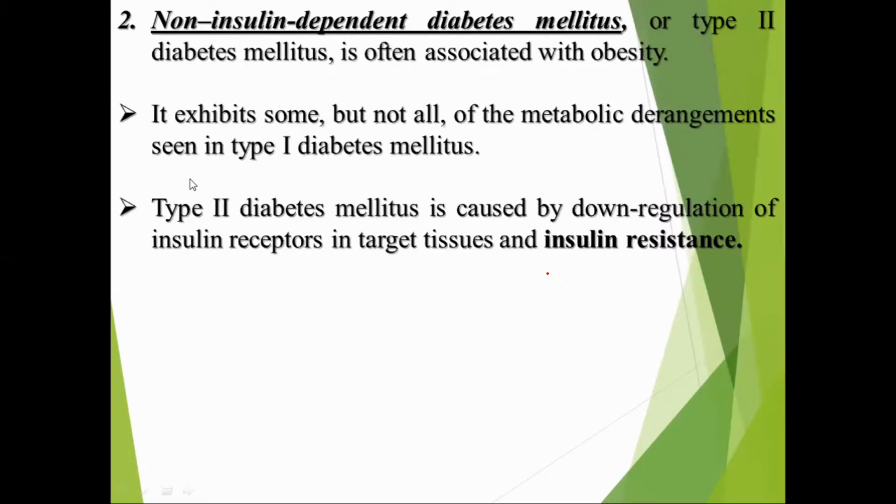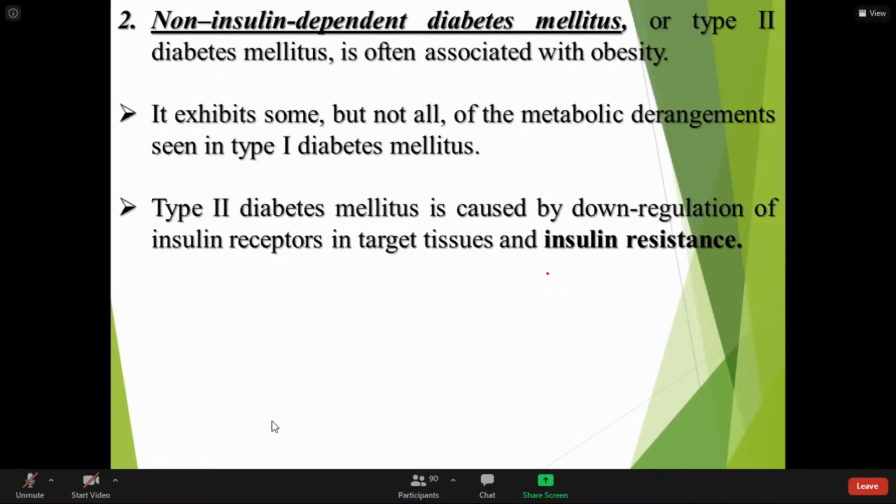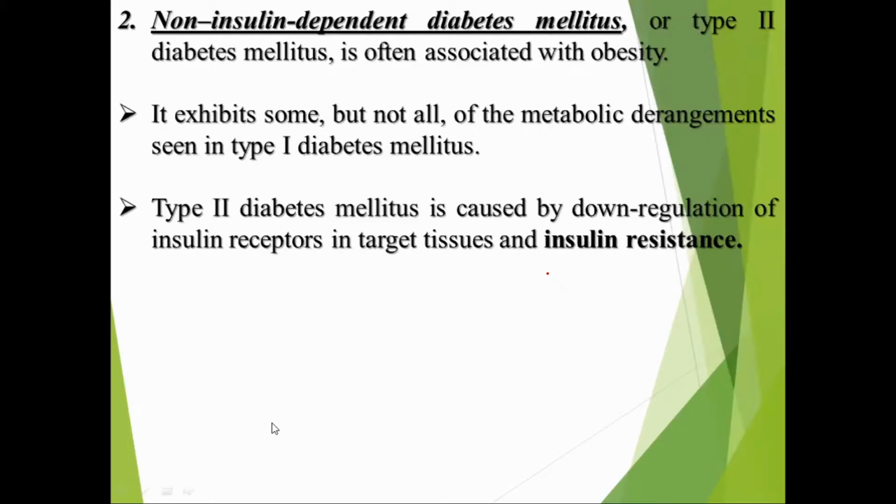Can receptors be upregulated? Yes or no? Here, there is down regulation of receptors. So my question is, are there conditions in which receptors are upregulated, their number increases?